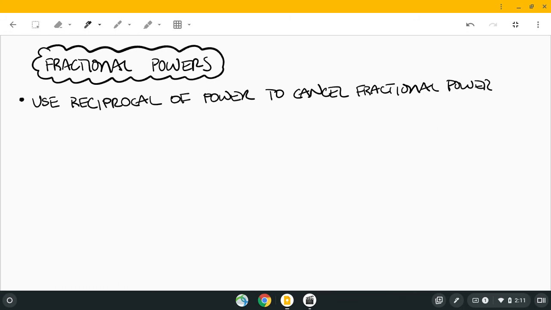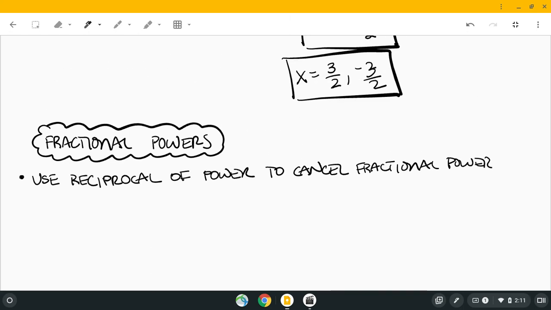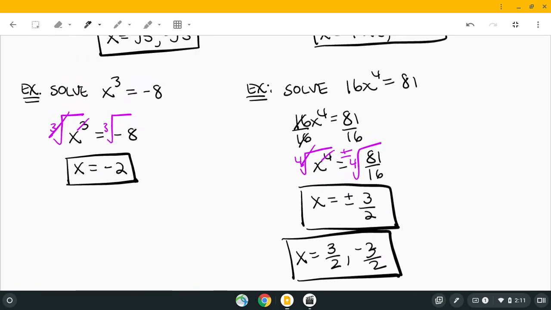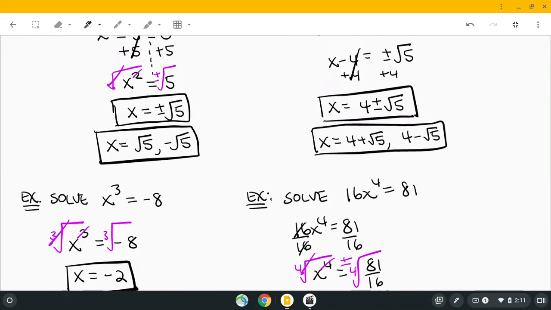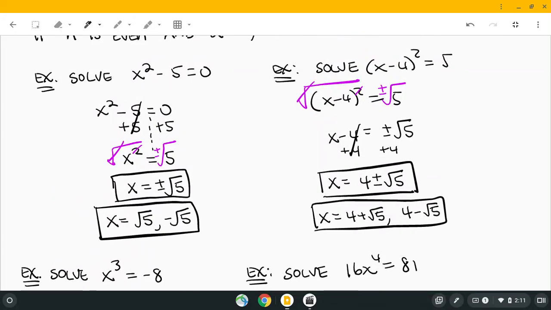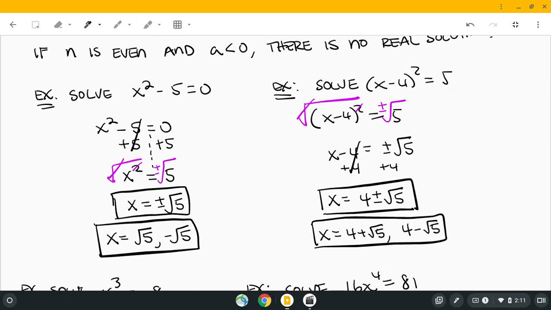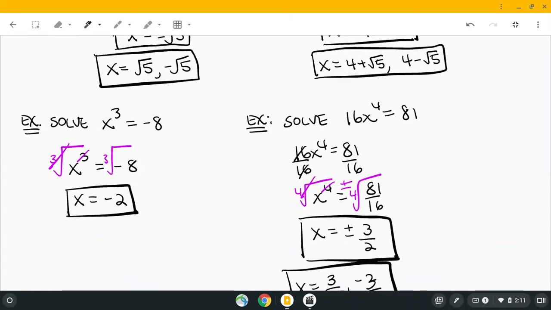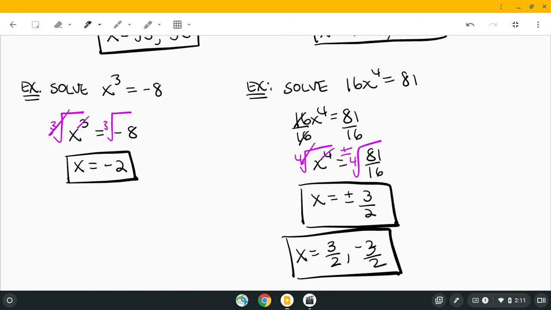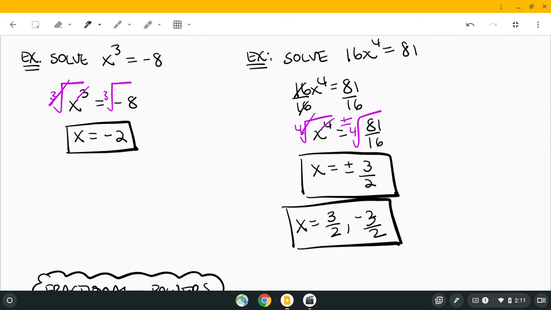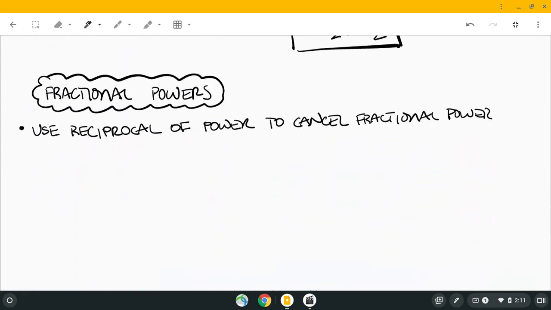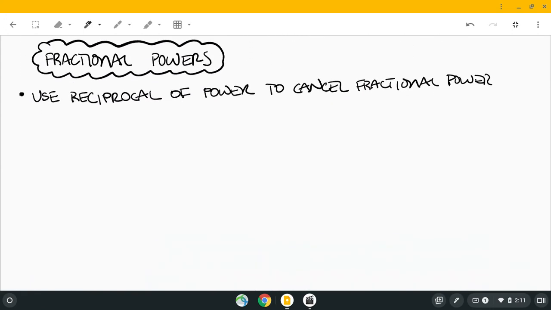You can think of it as doing that here as well. We used the reciprocal of 2, which is 1/2, which is the square root. We use the reciprocal of 3, which is 1/3, which is the cube root. And the reciprocal of 4, which is 1/4, which is the fourth root. So use the reciprocal of the power to cancel the fractional power.